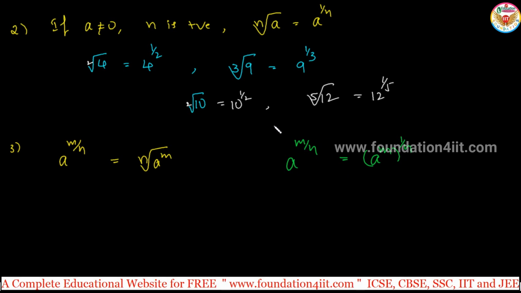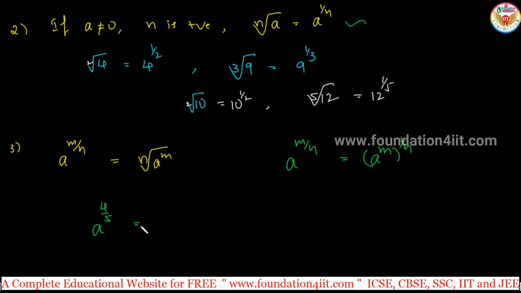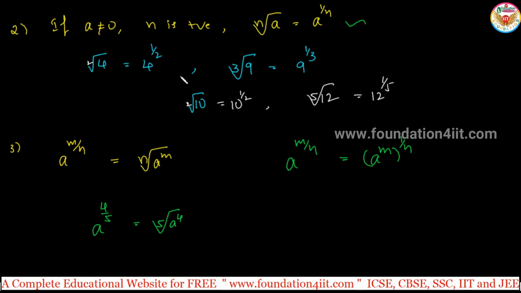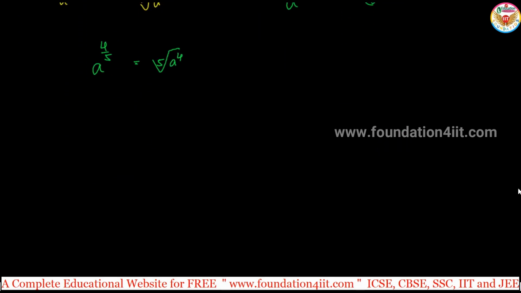So 1 by n we just wrote like nth root, same as previous. Now if it is a to the power 4 by 5, here the denominator is 5. That means fifth root of a to the power 4. We write it like this. So this is all we can use in the problems. We'll see one by one. Next one.